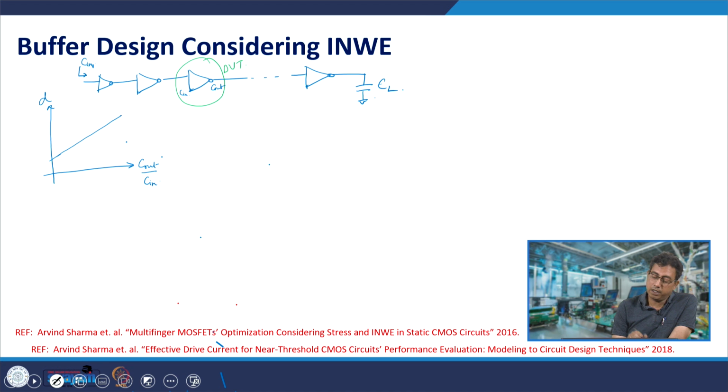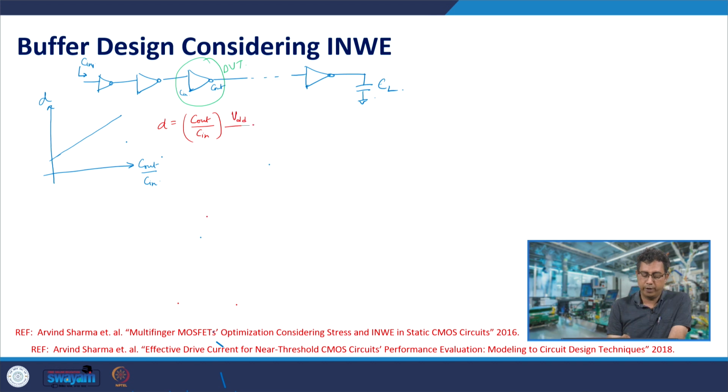As we had discussed in our previous lectures, this straight line, the delay D, would be given by C out by C in into VDD by 2I effective. So, this is nothing but C out VDD by 2I effective, plus whatever is the parasitic capacitance, Cp, by I effective, parasitic capacitance of the inverter into VDD by 2, because we are dealing with 50% delay, that is why a factor of 2 in the denominator appears.